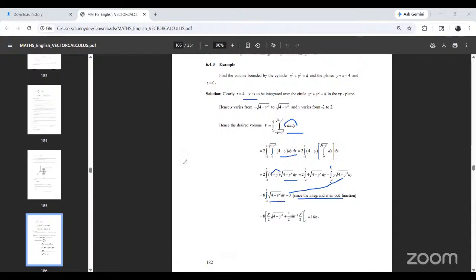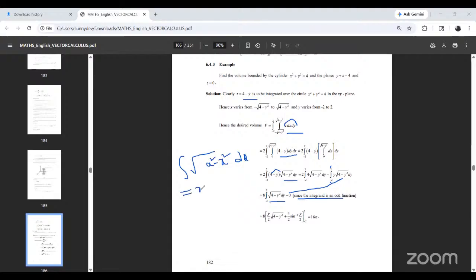Now for this one, in the intermediate level, we have one formula: under root of a square minus x square into dx. So what is the formula?